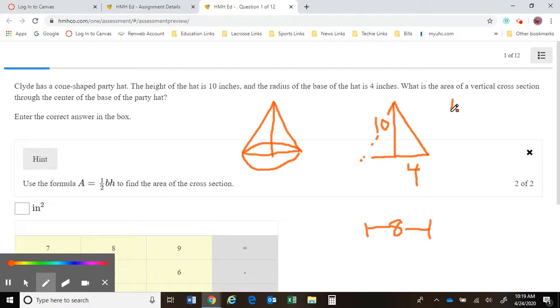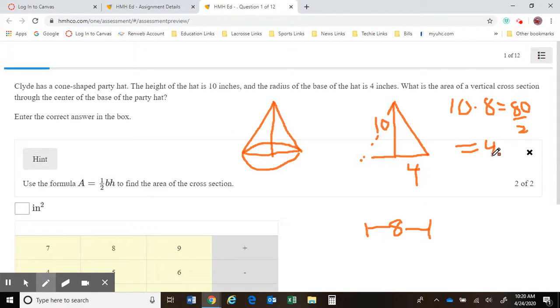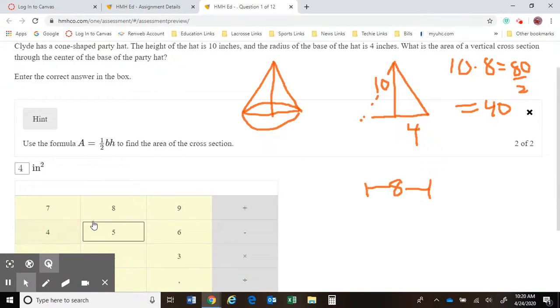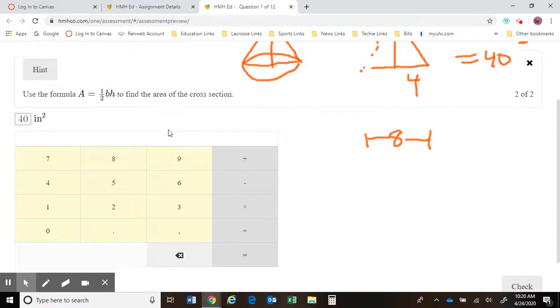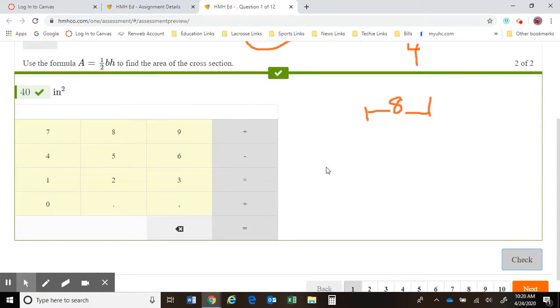So 10 times 8, which is 80, and then you divide that by 2, and you get 40, which is your answer. So make sure you use that hint if you get a little stuck. Okay, check it, and we're good.